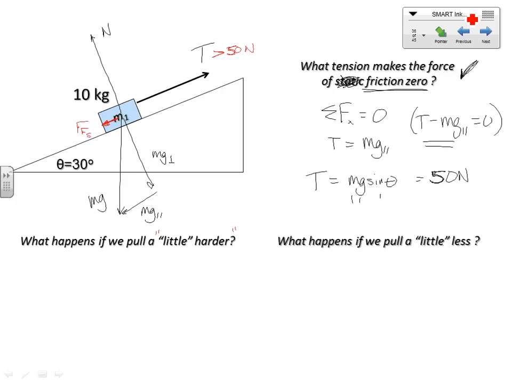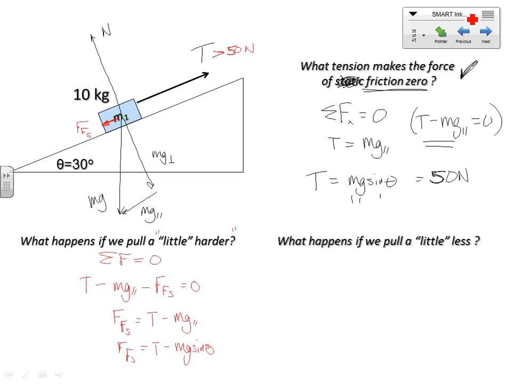So we get that little bit of static friction there. Let's assume we're still in equilibrium. Now we get T minus mg parallel minus the static frictional force is 0. We'd say that frictional force is T minus mg parallel, or T minus mg sine theta.